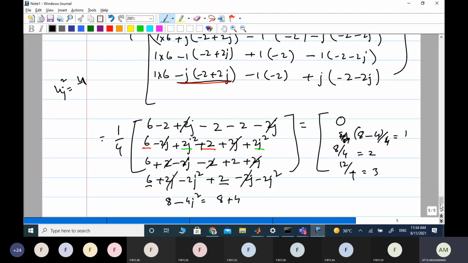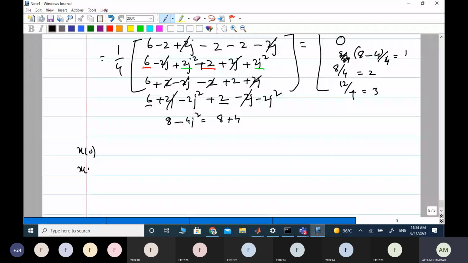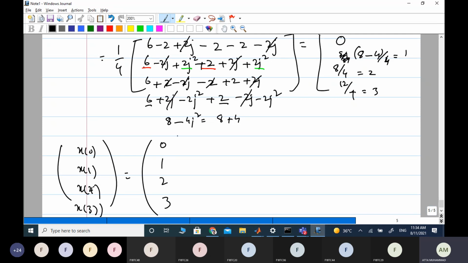So you can see we got again our x of 0, x of 1, x of 2, and x of 3 as 0, 1, 2 and 3, right? So these are the two methods. Either way you can compute the same result by matrix multiplication as well as by using equation.